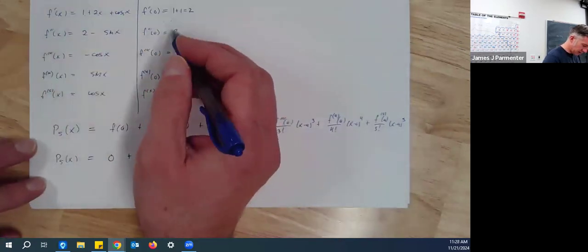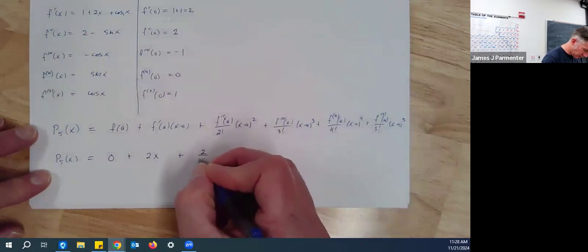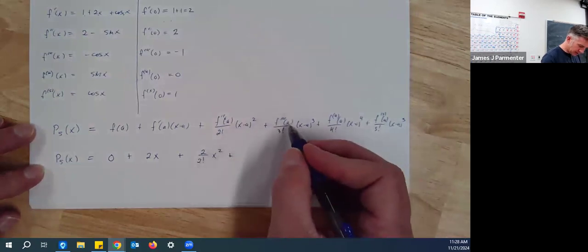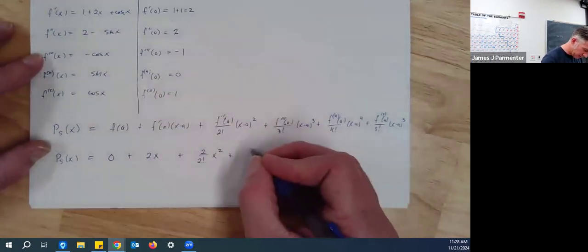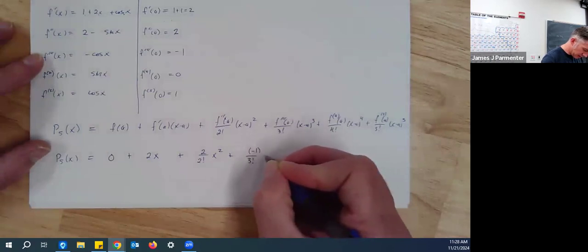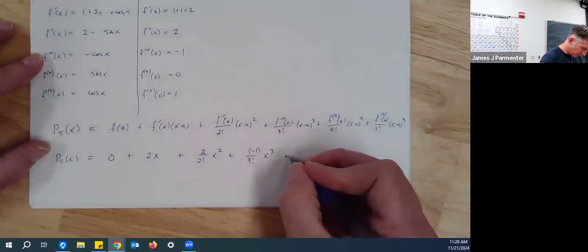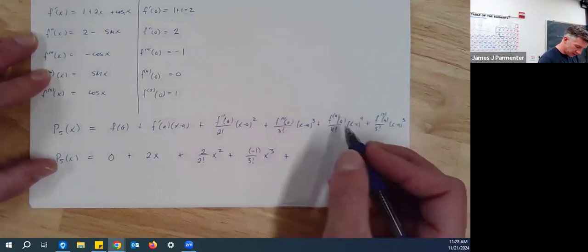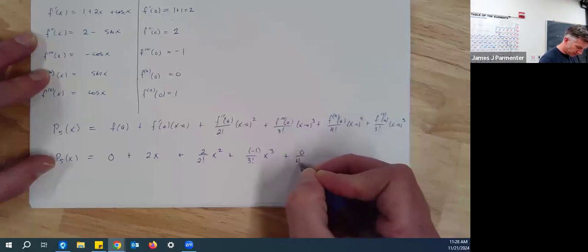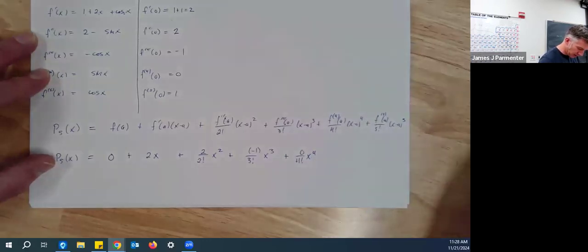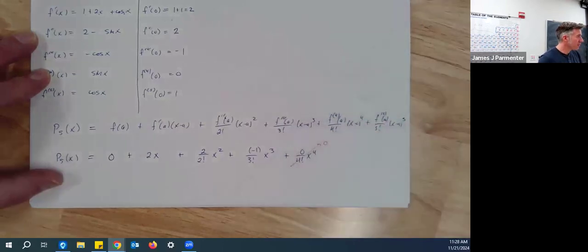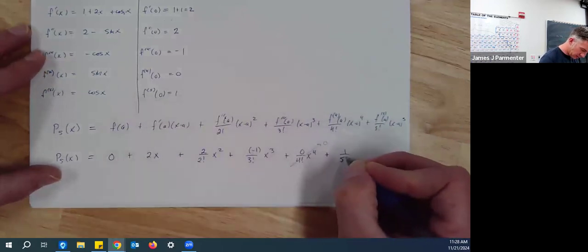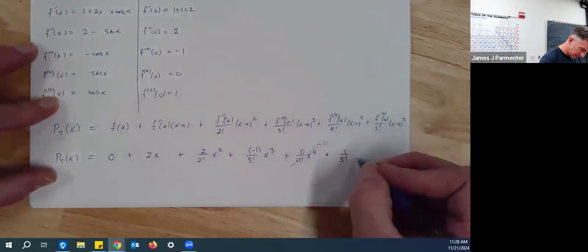Plus another 2 over 2 factorial times x minus 0 squared plus the third derivative, which was negative 1 over 3 factorial times x cubed plus the fourth derivative, which was 0. So for this fourth term here, I don't really need to write anything because once that's 0, 0 divided by 4 factorial times x to the fourth is still just all going to become 0. And finally, we have a 1 over 5 factorial times x to the fifth power.